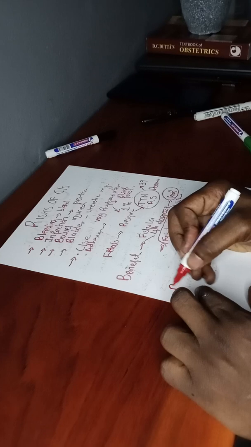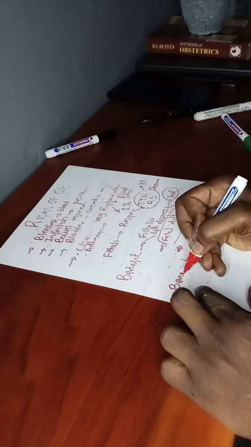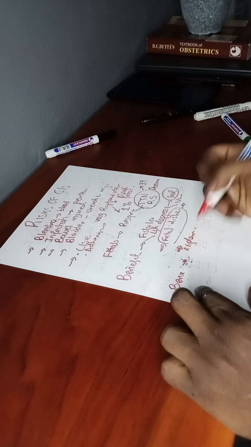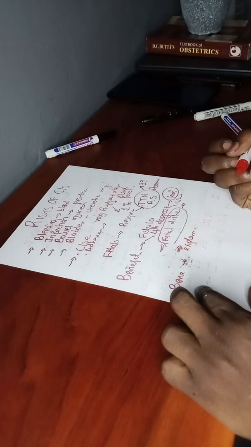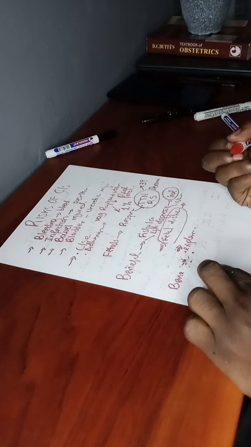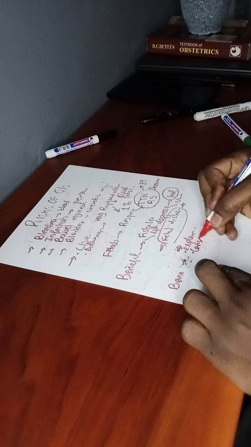So before we do a cesarean section, finally, we always need to explain to the mother the risks and benefits as we've described. We need to make sure we get consent.